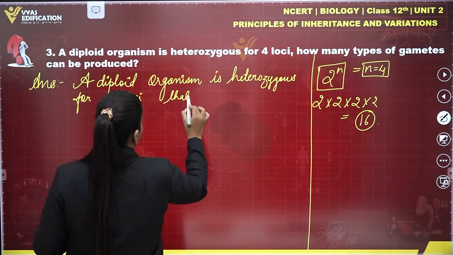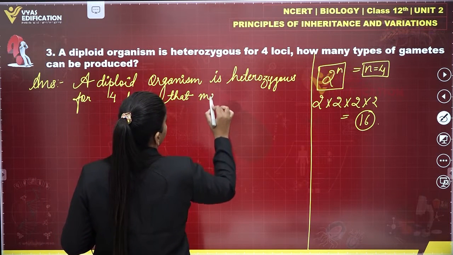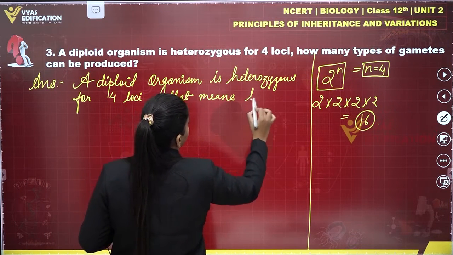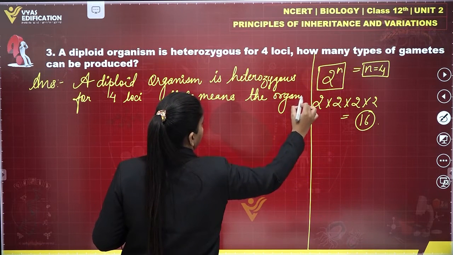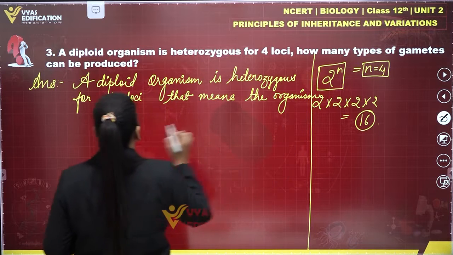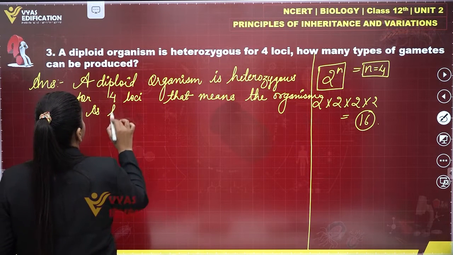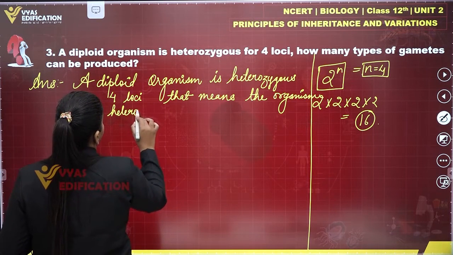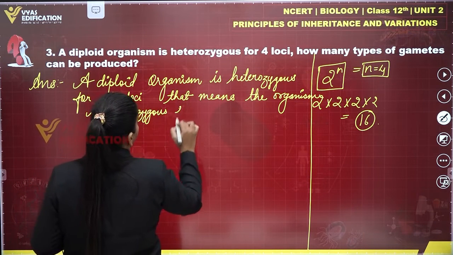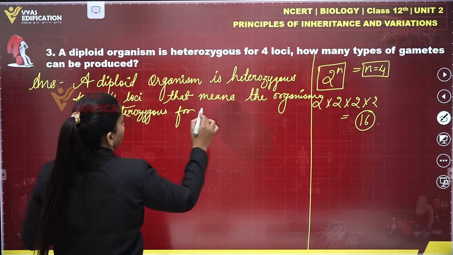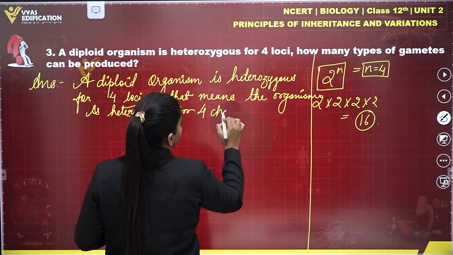That means the organism is heterozygous for 4 characters.